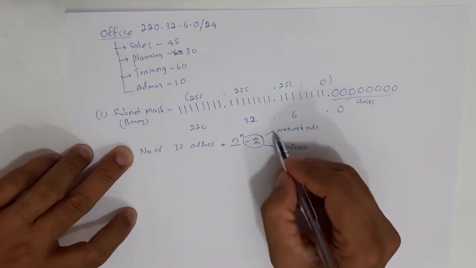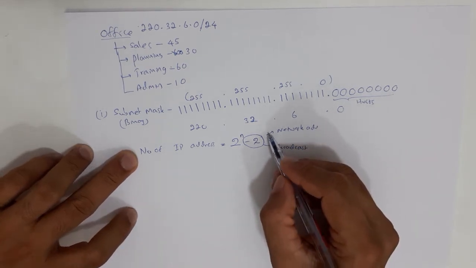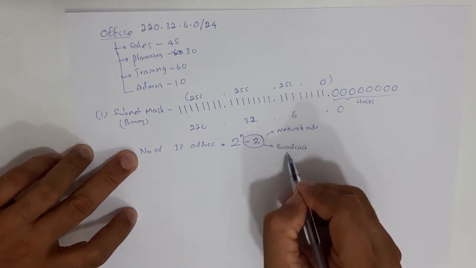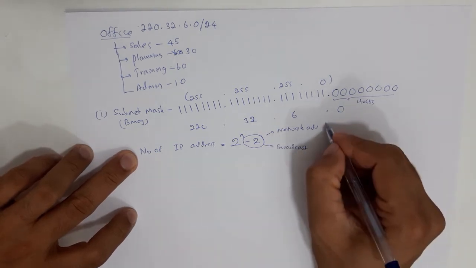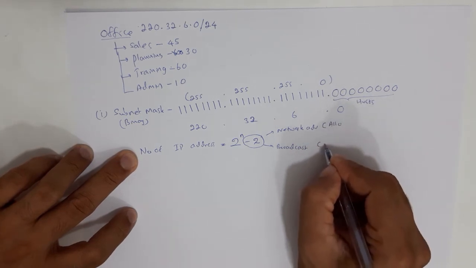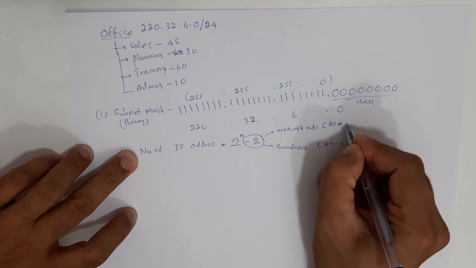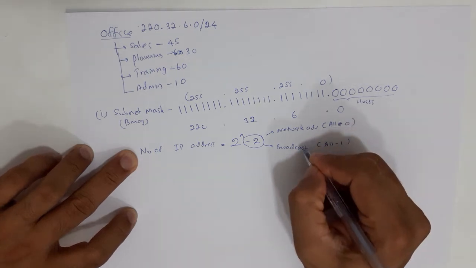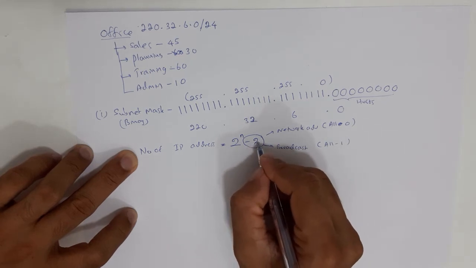If I am going to assign IP addresses for hosts in a network, we don't use the network address and the broadcast address. The network address comes with all zeros and the broadcast comes with all ones. So we don't use these two addresses for hosts. That's why we remove two.